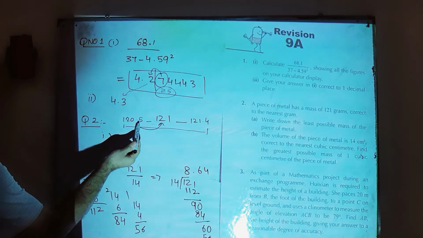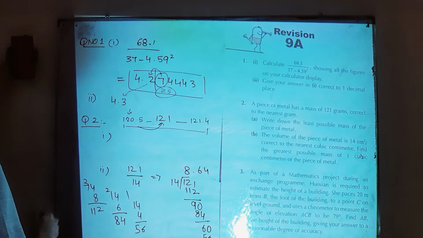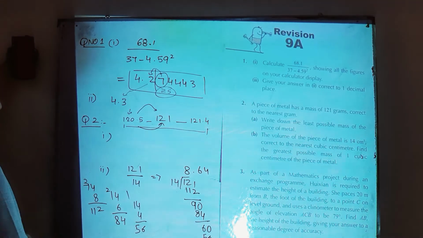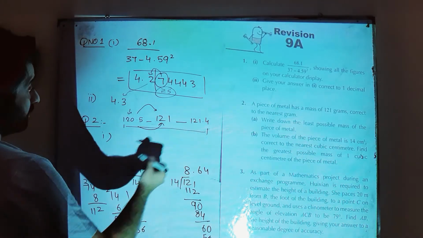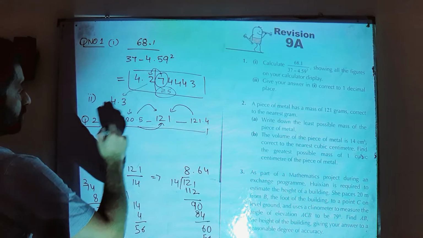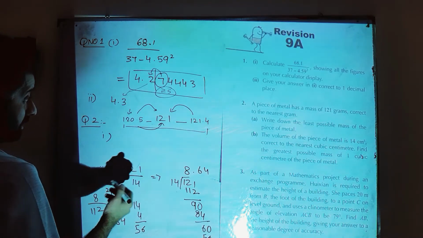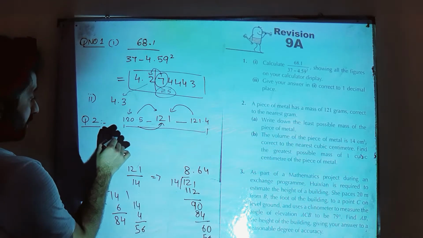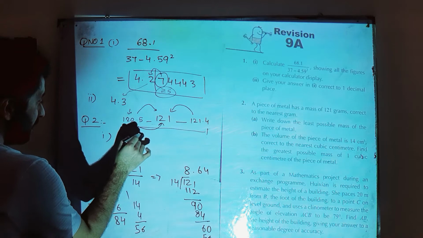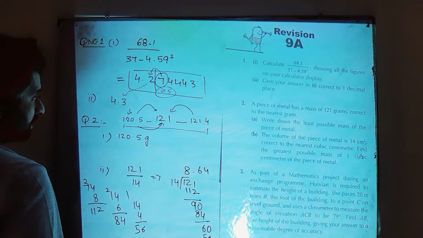Even if it is 120.5, the least one, it will be rounded to 121, and if it is 121.4, you will also convert it into 121. So the least possible mass will be 120.5 grams, which will be rounded off to 121 grams.